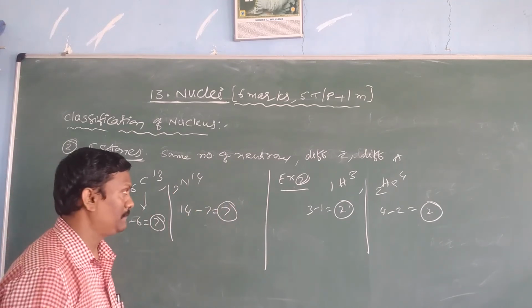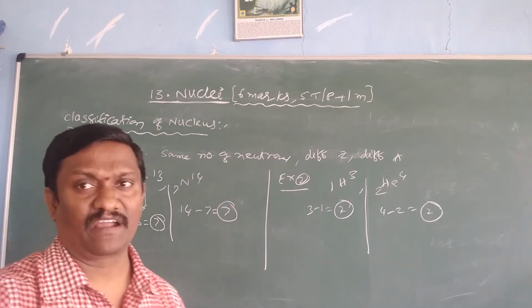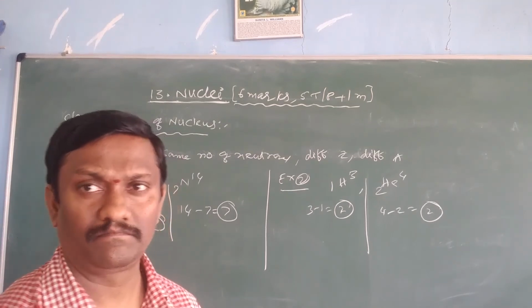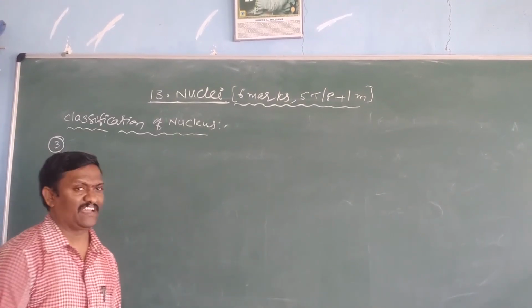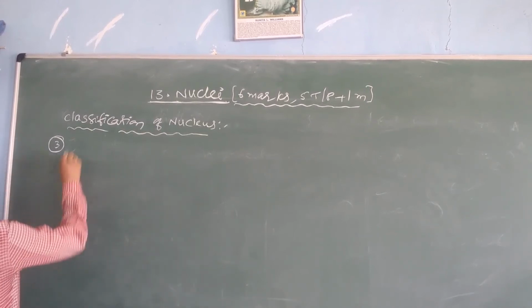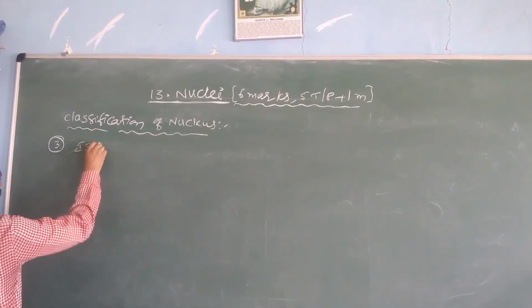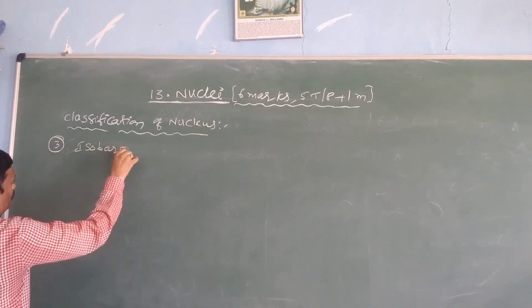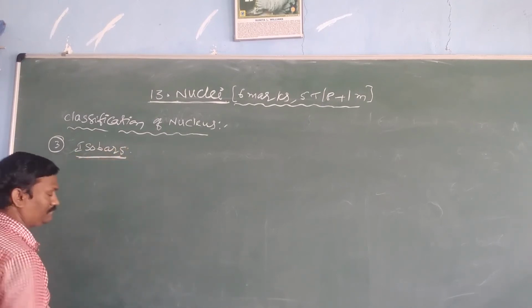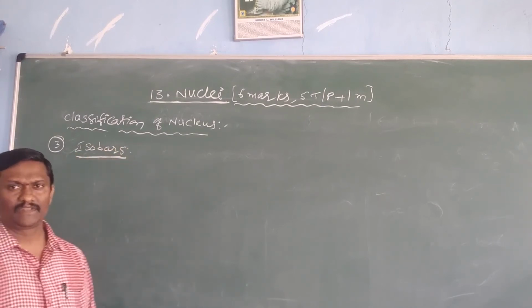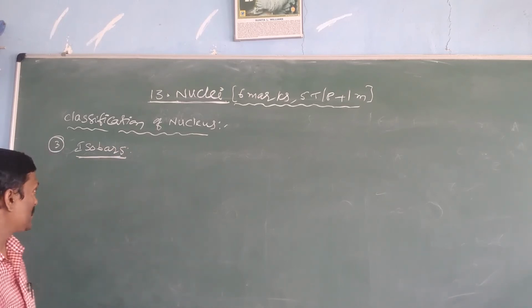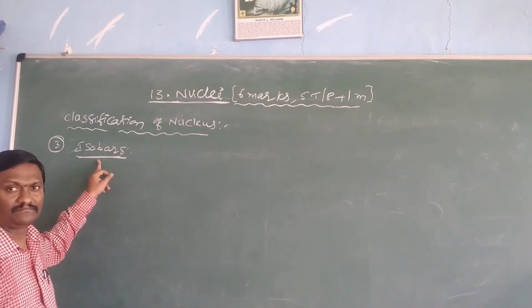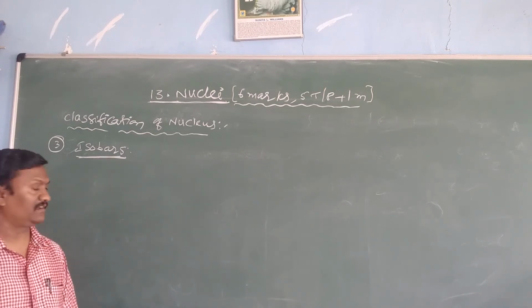Next, the third kind of classification is isobars. What about isobars? Here also iso means same, and bars refers to mass number.